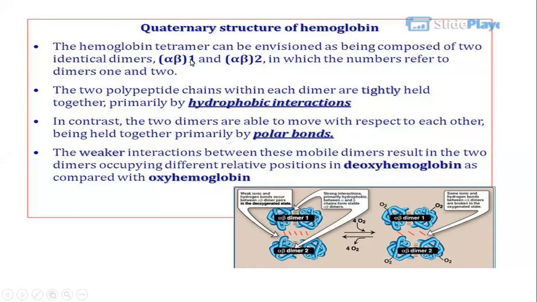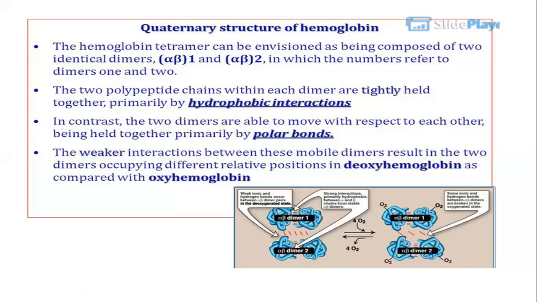Those bonds tend to be tighter than the bonds that combine dimer 1 and dimer 2. Okay? The bonds within alpha and beta as a dimer are hydrophobic in nature. They are water-fearing in nature. And so it causes a much tighter bond.